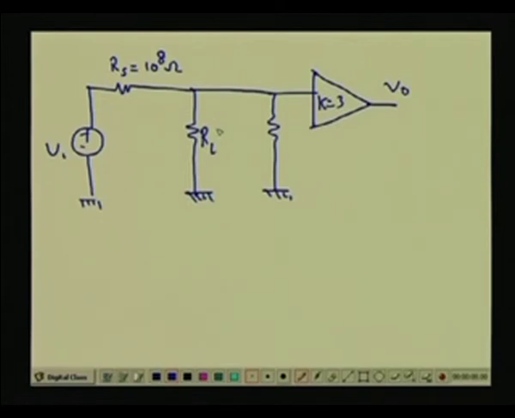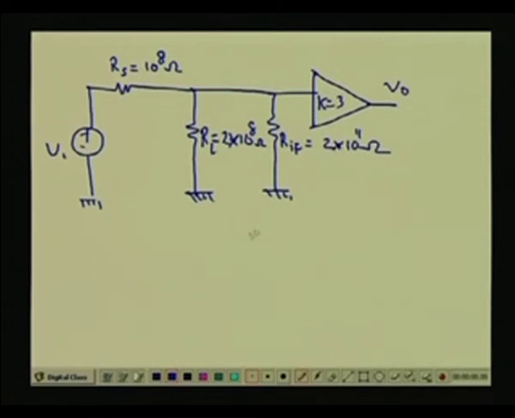cable resistance. This cable resistance or leakage resistance of the cable is 2 into 10 to the power 8 ohm, and RIF, the input impedance, becomes 2 into 10 to the power 11 ohm, which we have just computed.